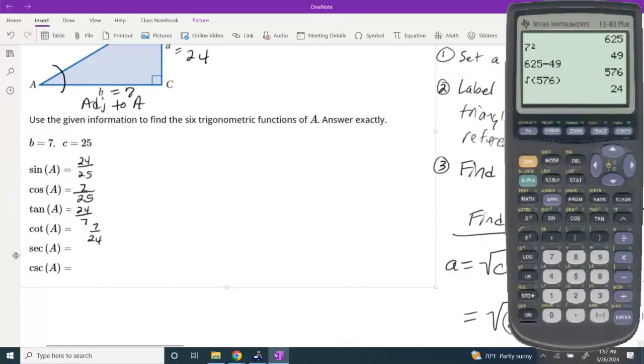The reciprocal of secant is cosine. So if the cosine is 24 over 25, its reciprocal, which is the secant, is going to be 25 over 24.